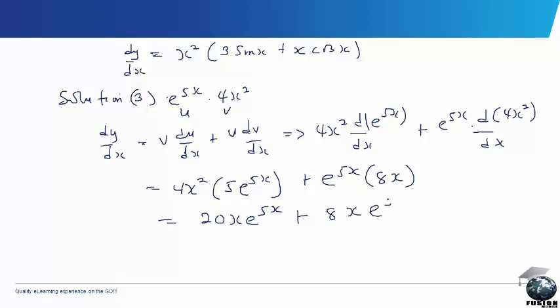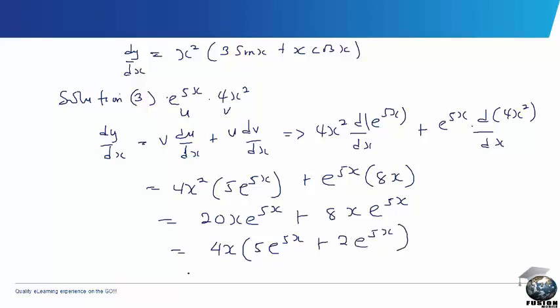and then plus we have 8x exponential 5x. And then we have something in common between the two brackets. x is common, and 2 is common between 8 and 20, and 4 is also common, so 4x bracket 5 exponential 5x plus on this part 2 exponential 5x.